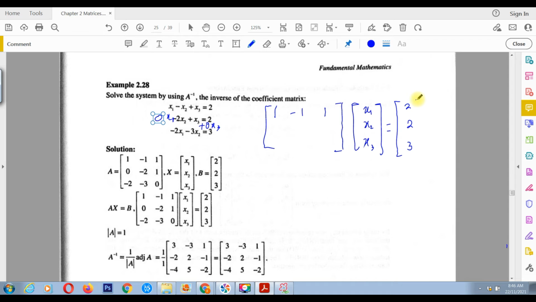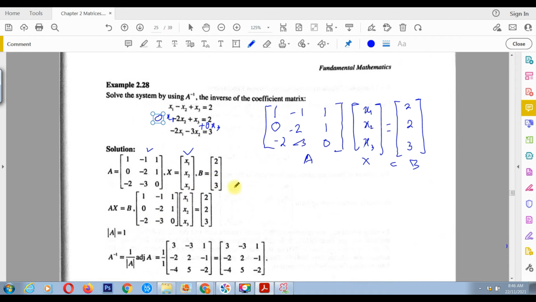Make sure you put it in the correct way. So we have 0, 2, negative 2, 1, and then we have negative 2, negative 3, 0. We have these matrices, and then we have A x equals to b. So b is 2, 2, 3.